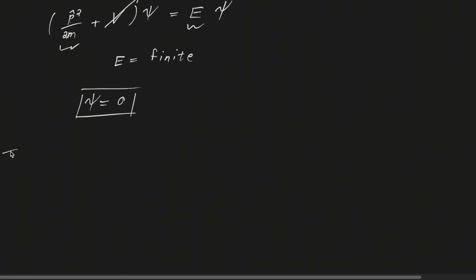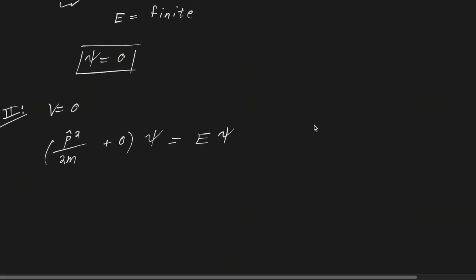Now we have the solution in region 2, where the potential is equal to 0. Then we can substitute in the equation: p squared over 2m plus 0 applied on psi will give us the energy eigenvalue multiplied by psi. And we note that the momentum operator is equal to minus i h bar d by dx.